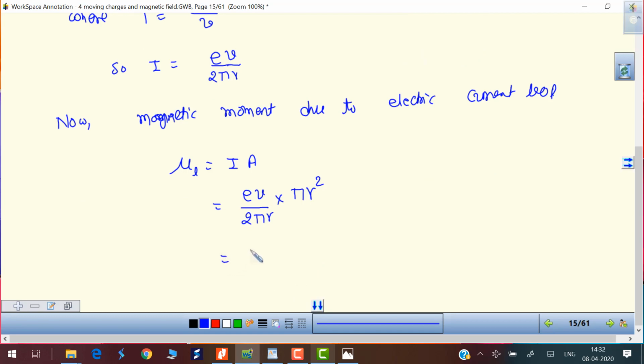So what we get? e v R, pi is cancelled, one R is cancelled, so divided by 2. So this is the magnetic moment due to motion of the electron.